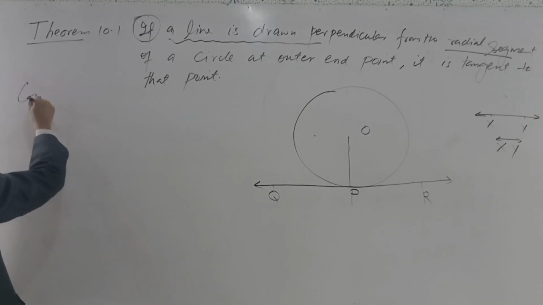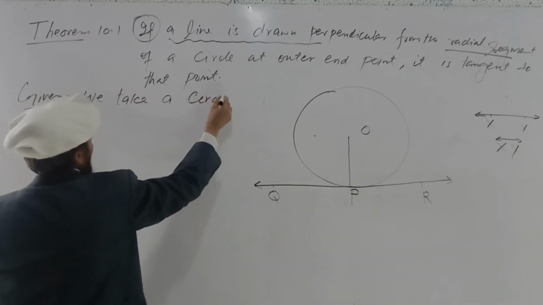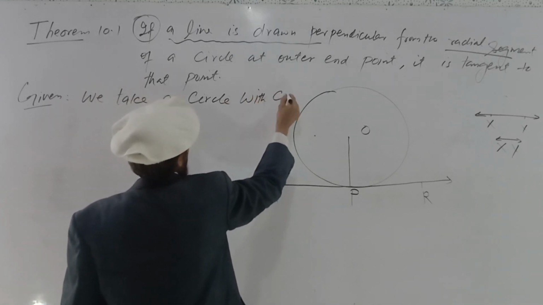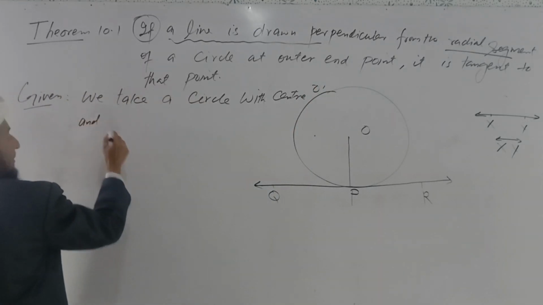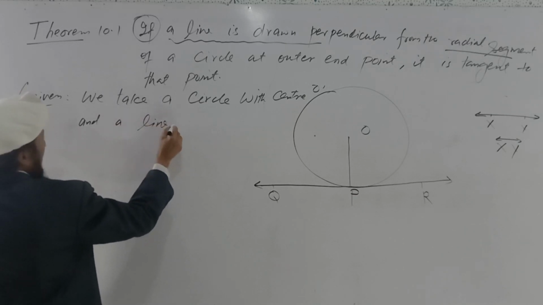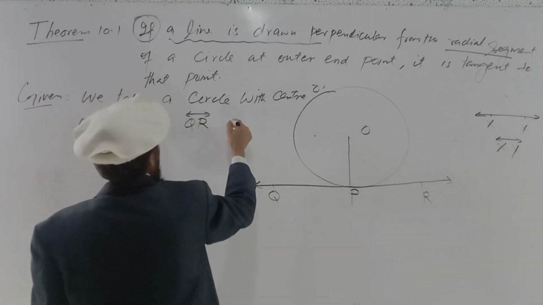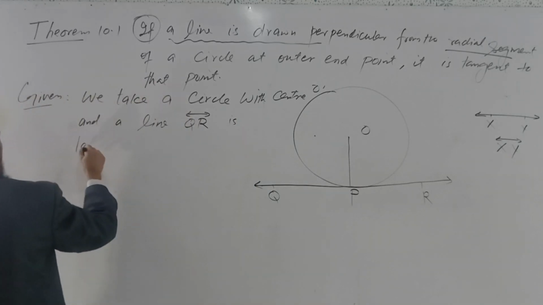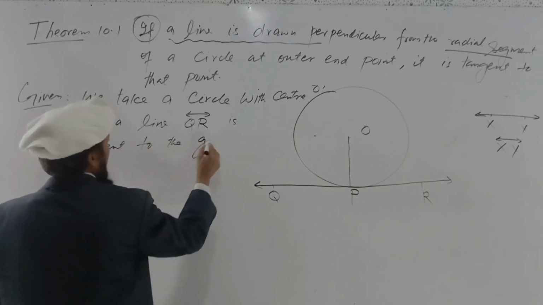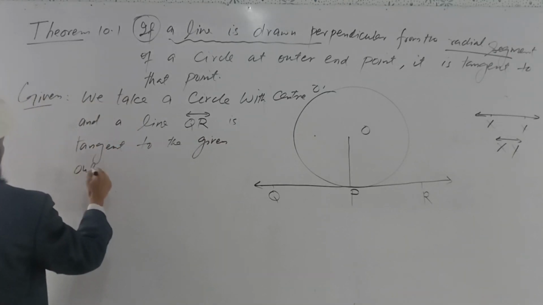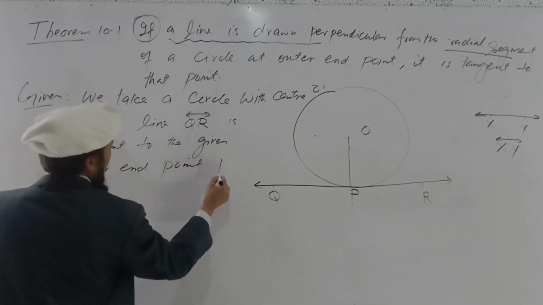So, given that, we take a circle with center O and a line QR is tangent to the given circle at the outer end point P.